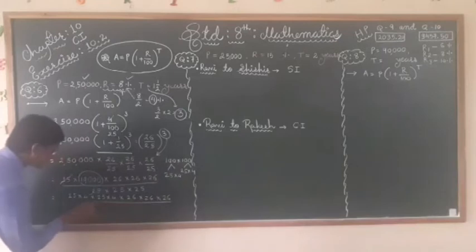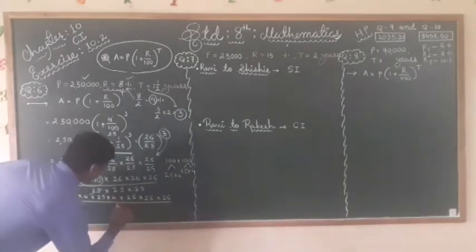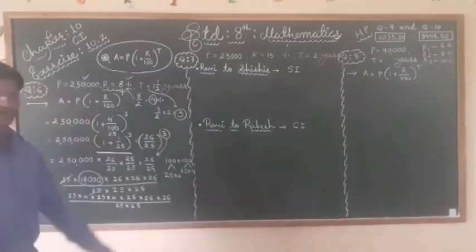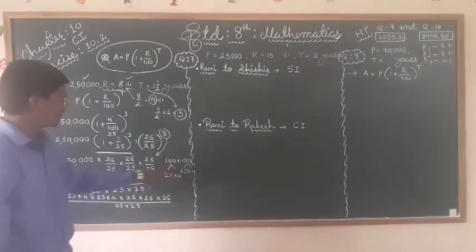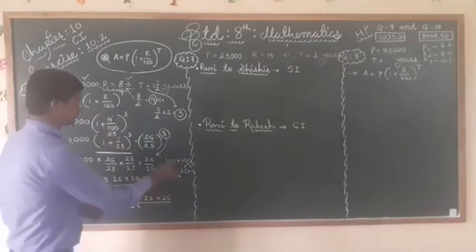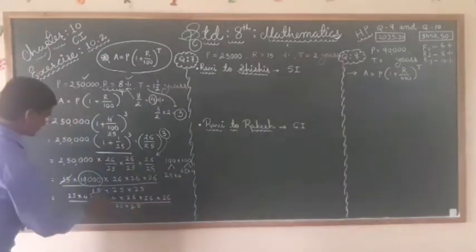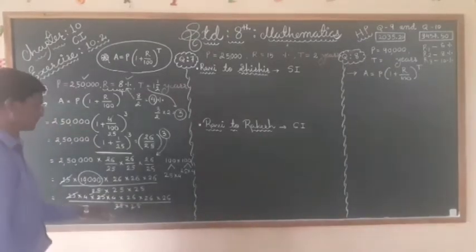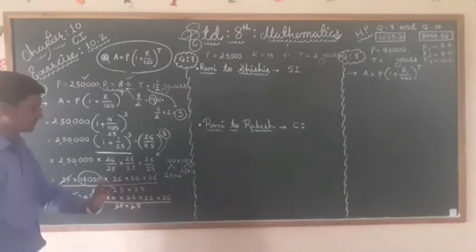Divided by this 25 into 25. Are you getting or not? So I make it simple. 10,000 I made a fraction. So here 25 out, 25 out, 25 out, 25 out. What remains? 4 into 4 remains, 26 into 26 into 26.